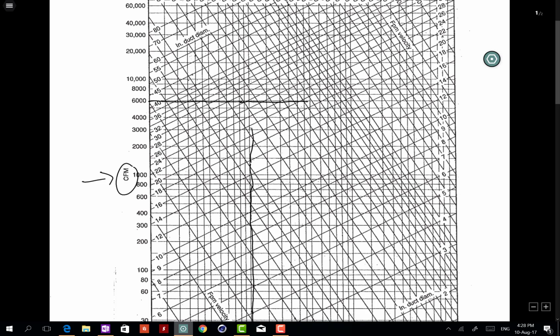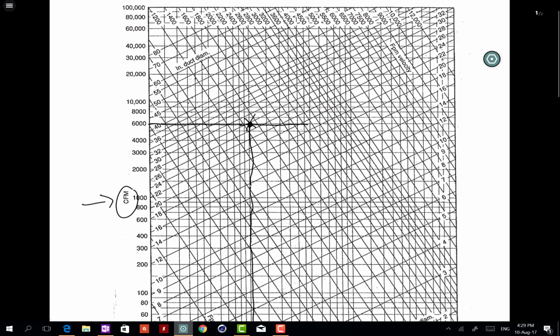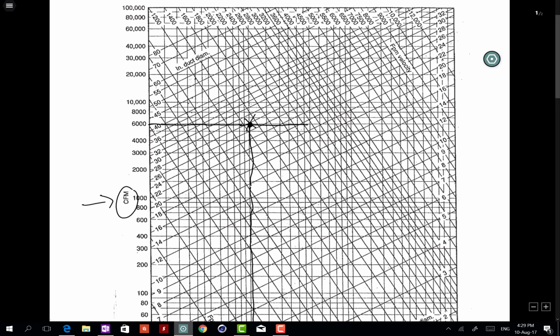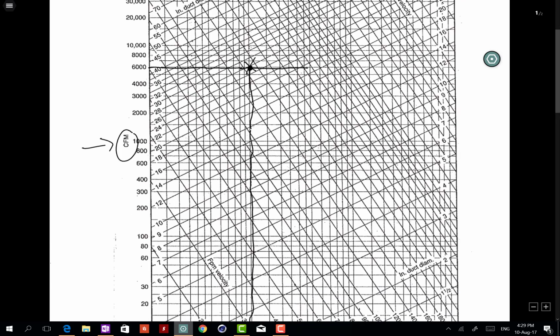So the value should be here. Okay, so to get the value of FPM, we need to go into the FPM axis. This is the axis, a little bit decline.